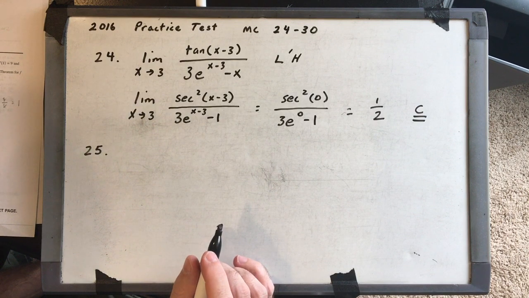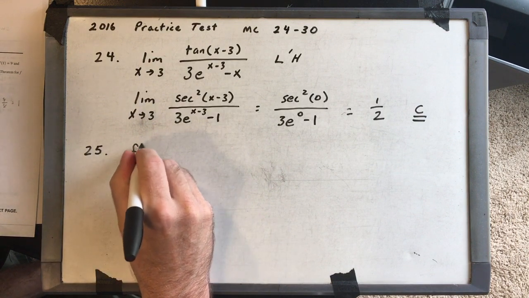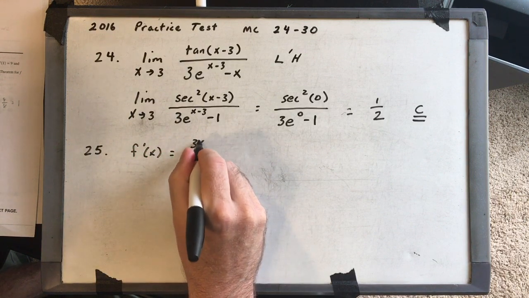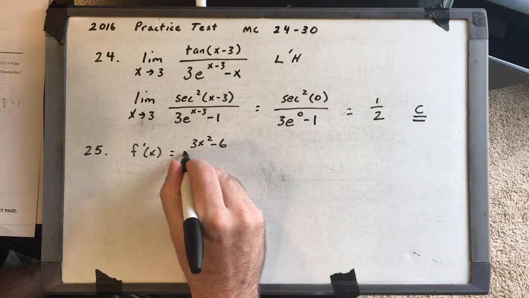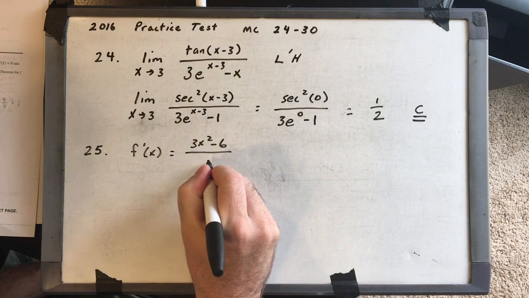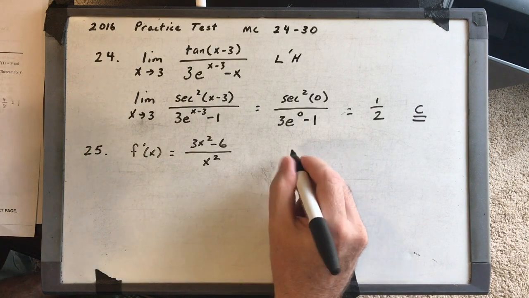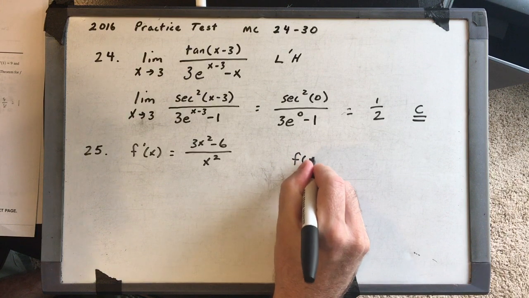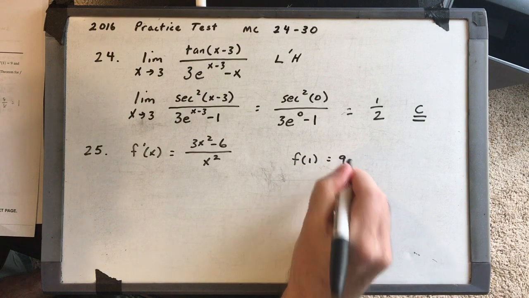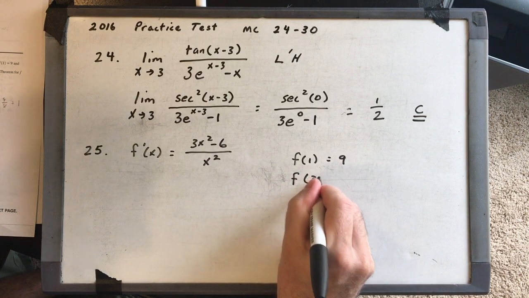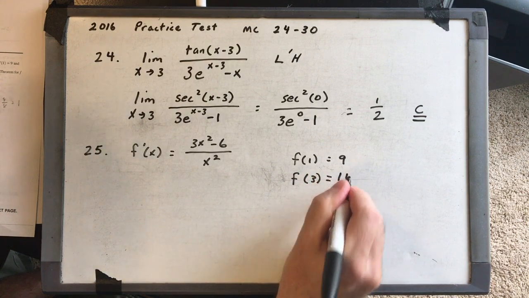Number 25 says we have f prime of x is equal to 3x squared minus 6 over x squared. So they've given us a derivative, and they also say we know two things. We know that f of 1 is equal to 9, and f of 3 is equal to 11.